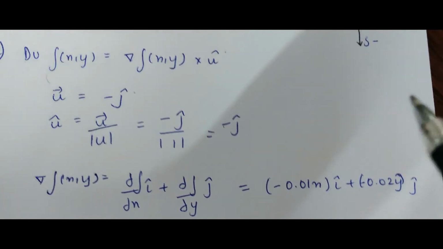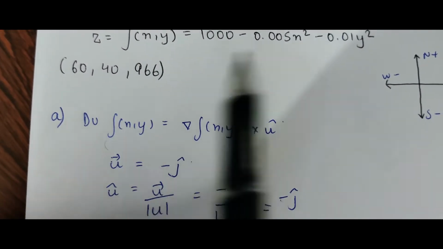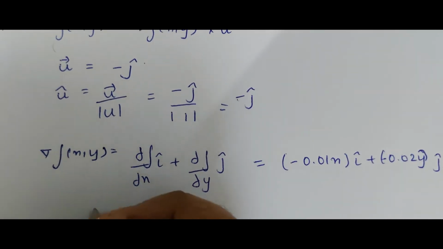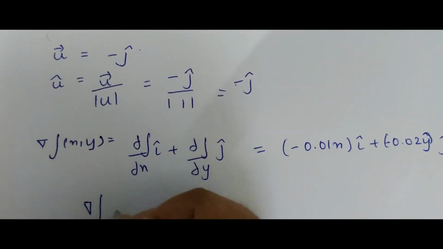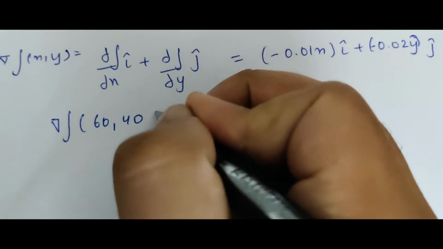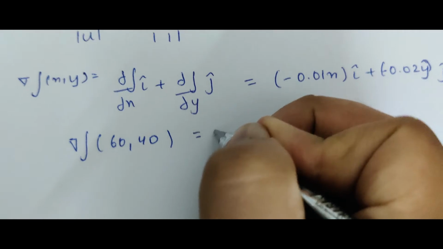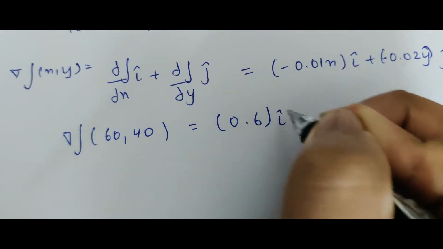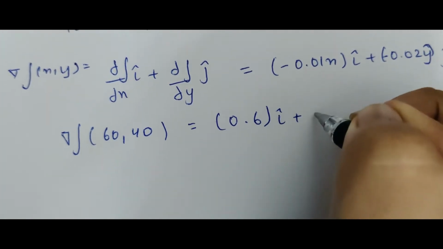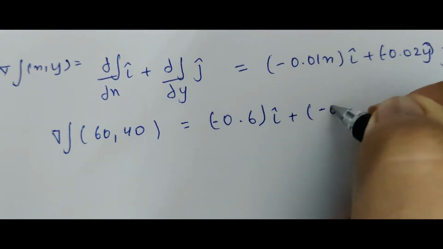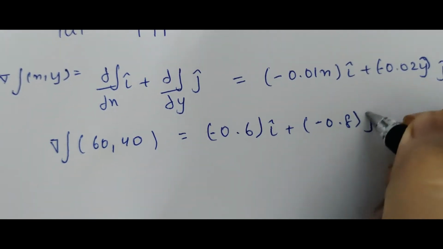Now we'll substitute the point we are at into the gradient, so the gradient at 60, 40 is equal to minus 0.6 i cap minus 0.8 j cap.